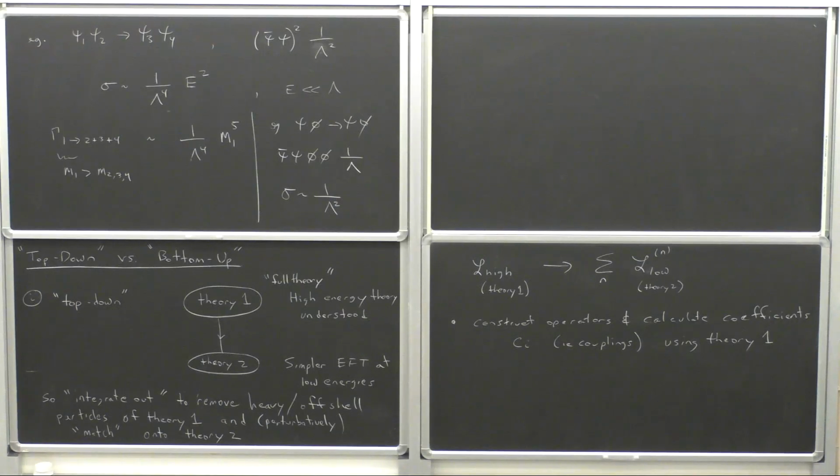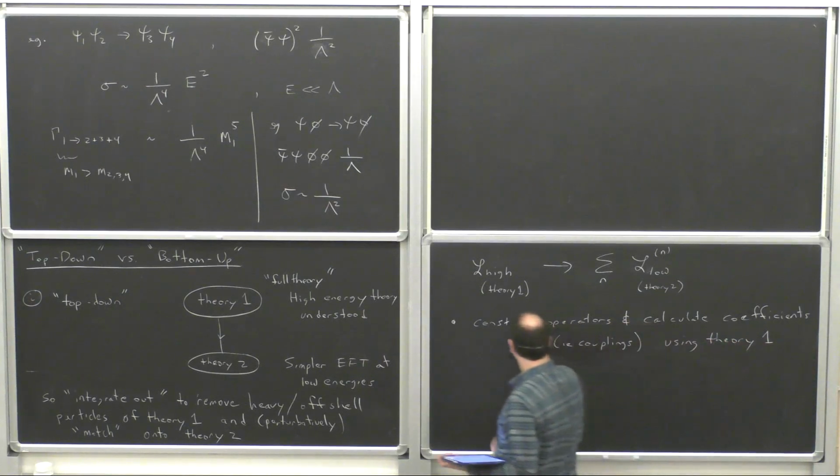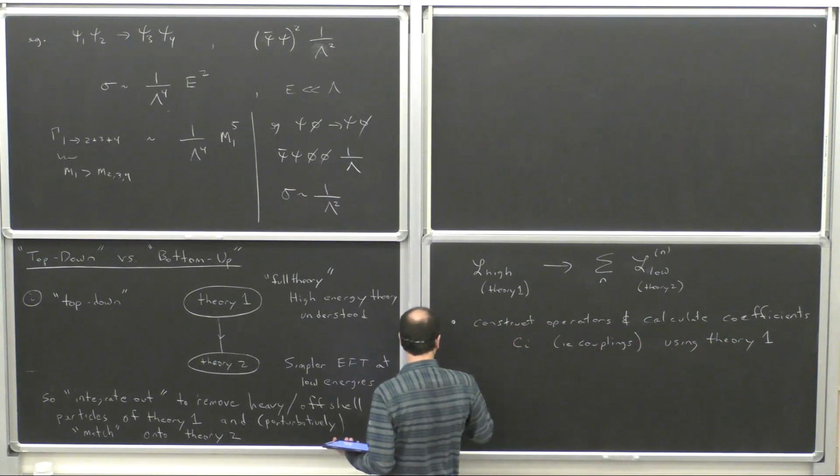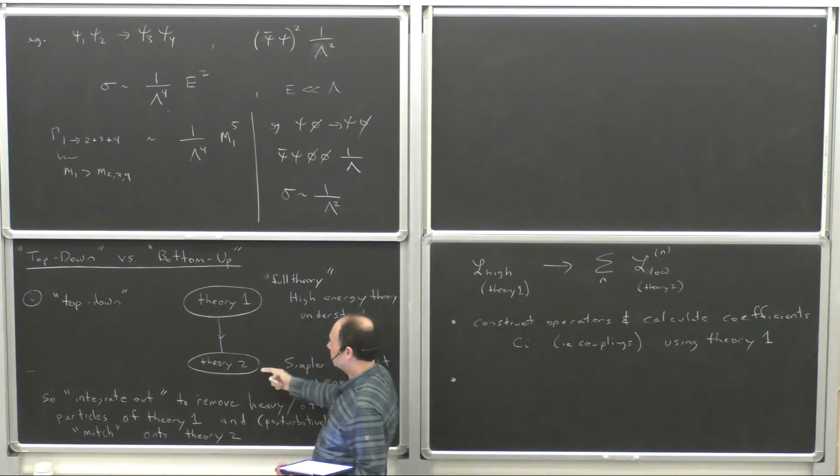That's the plan. So we'll leave that aside. But at tree level, it's easy to understand. We just do the Feynman diagram, expand, and get an answer. We call the values that we get the coefficients. At loop level, there are some more subtleties, and those are the things I will get into in the next lecture. So this is the idea of using a top-down effective theory.